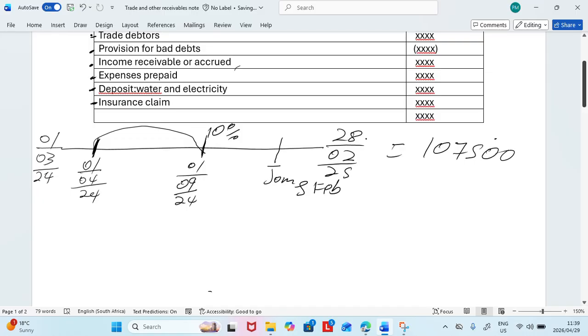It will be April, May, June, July, August. It will be 5 months. For 5 months, we're receiving rent. How much was that rent? It was X amount. So it will be 5 times X plus from 1st of September up until the 1st of January.